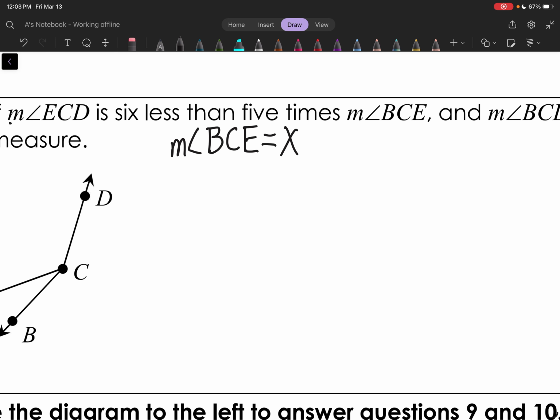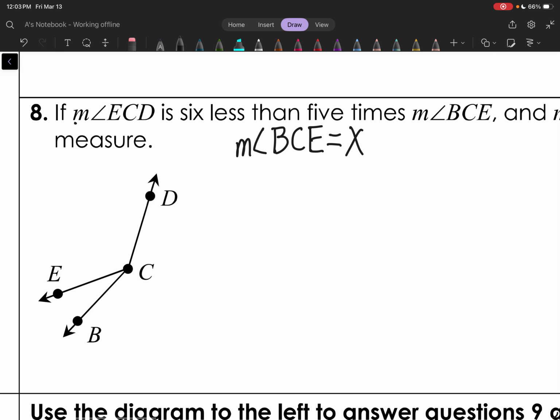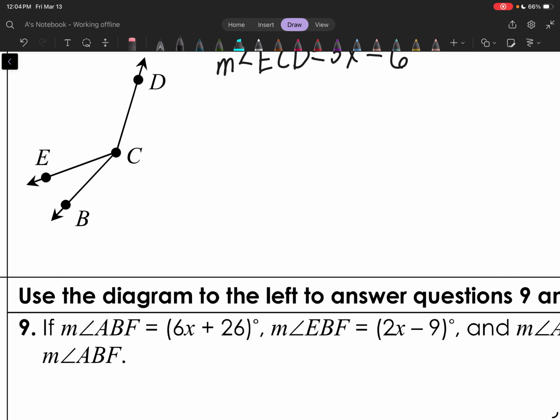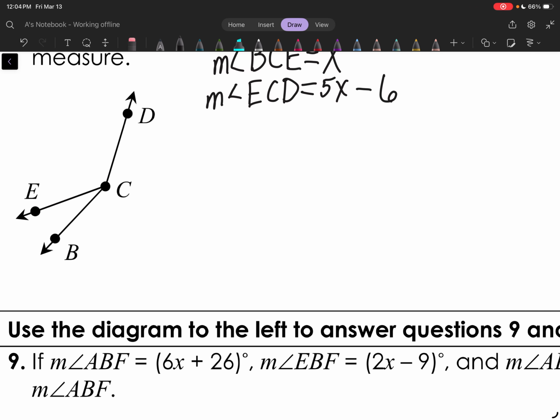For simplicity, let's just use X. ECD is equal to 6 less than, so minus 6, 5 times BCE, which we determined is X. And BCD is 162. There's nothing fancy to do there.